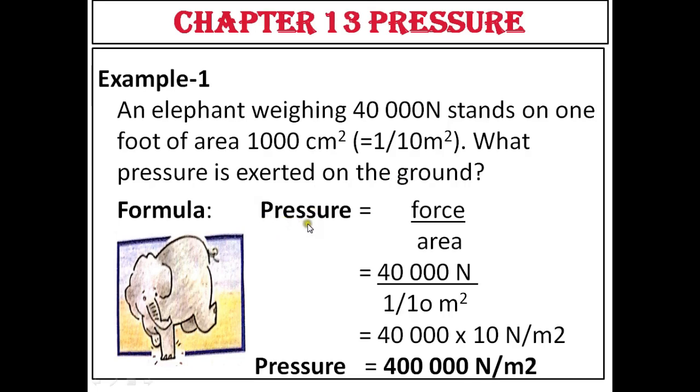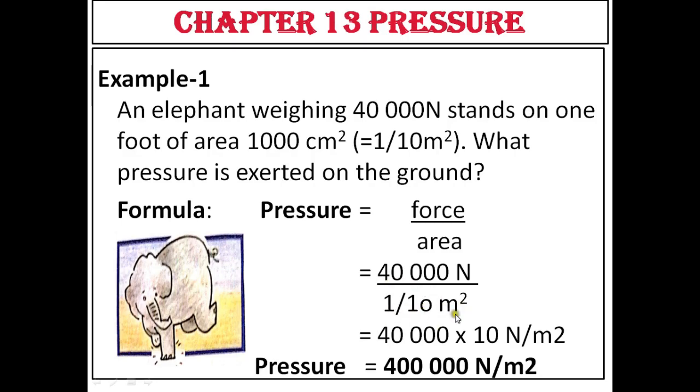As we know the formula, pressure is equal to force upon area. So what is the force here? 40,000 newtons is the force, and the area is given to you, that is 1/10 meter square. Now put these values in the formula and let's see the answer. 40,000 newtons over 1/10 meter square.